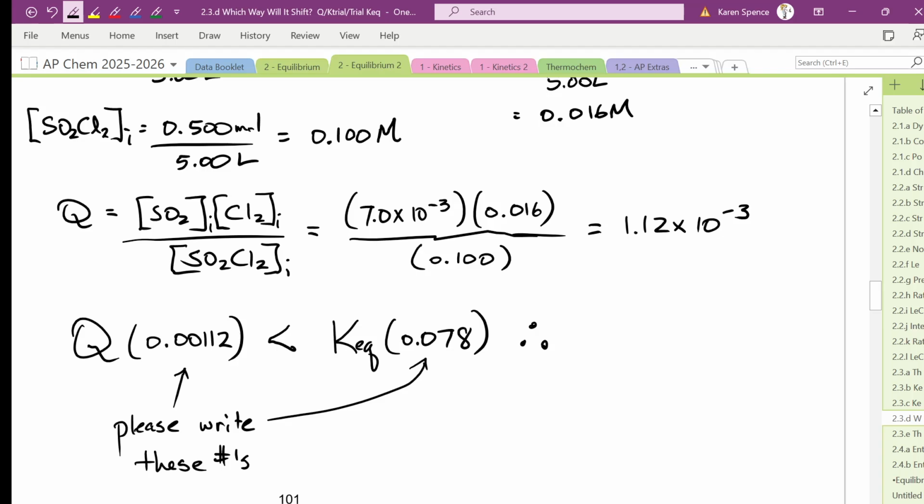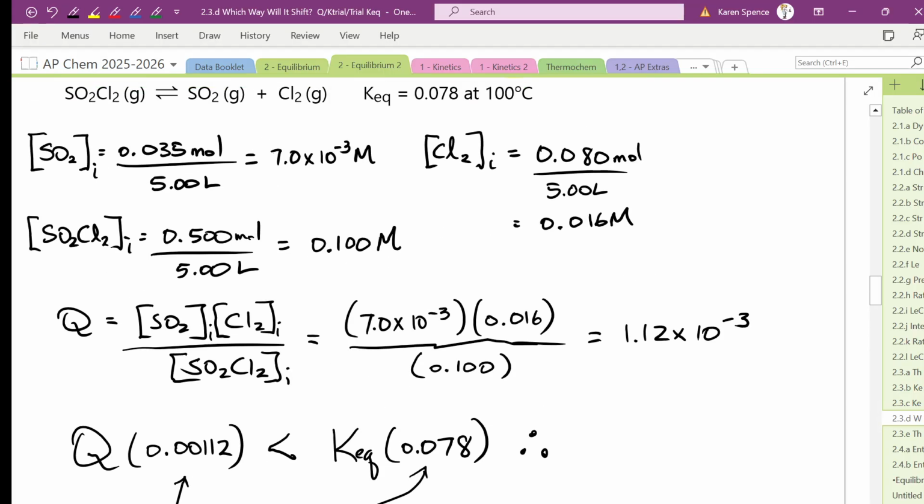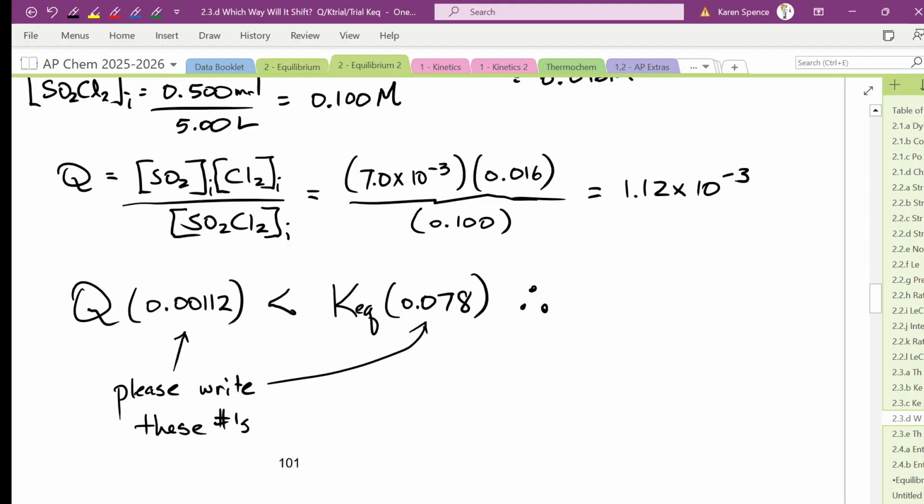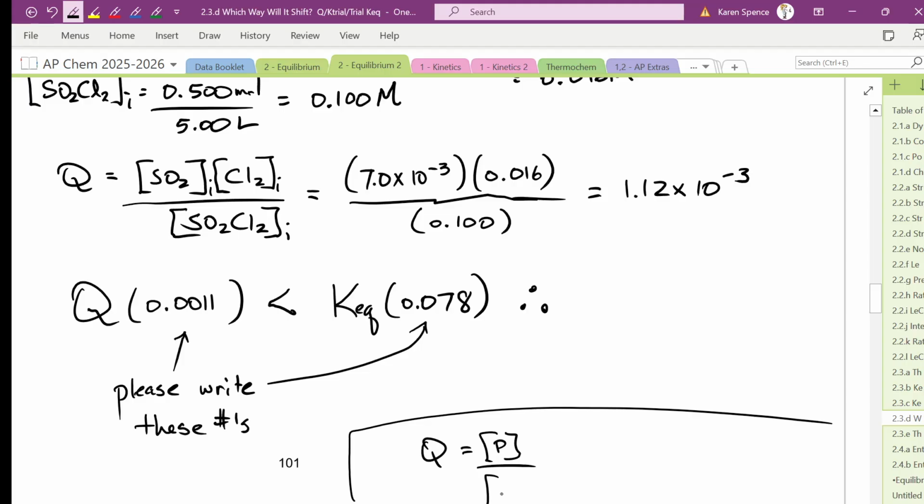Yes. It would be 2 sig figs, but I don't really care that much, because in this particular question, all I'm asked is in which direction it shifts. So I could write 0.0011 and that would be fine, but it gives me the same result at the end regardless. And like I said, you don't need to write this little part, but I'm like, Q, which is the products over the reactants, is too small.